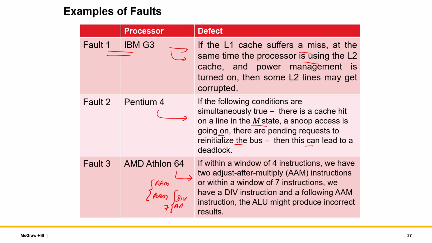But the nice thing is that in this case the compiler can help. What the compiler can do is ensure that it will never generate code sequences that follow these properties. Of course, the casualty would be efficiency and speed, but again, this may be a worthwhile trade-off in this case, if we don't want to go for new hardware.